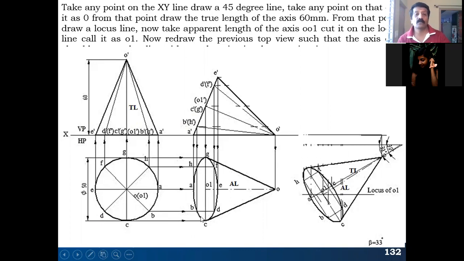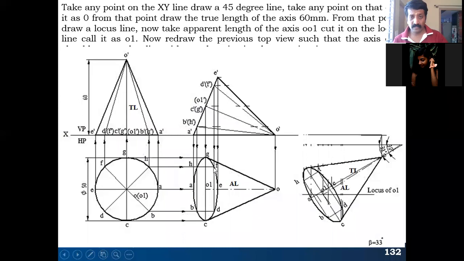So O1 you got. Similarly, on the same line, O to E distance you can take, you can cut it here. O to A distance also you can take, you can cut it here. So these points you will get. How to get the other points? O1 to this distance you can take, O1 to this distance. Draw a perpendicular line. And from O1 also you can draw a perpendicular line.